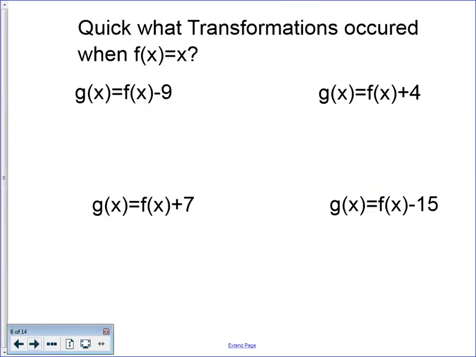All right, so let's do some practice here. First off, what transformation occurred from f of x equals x to g of x equals f of x minus 9? Well, that would be down 9. What about f of x plus 4? That would be up 4. Pause the video and you try the next two.